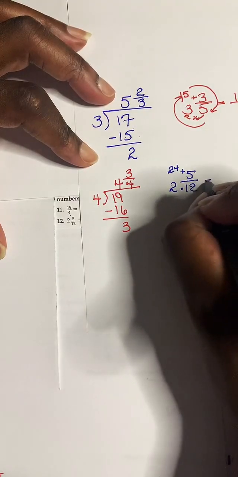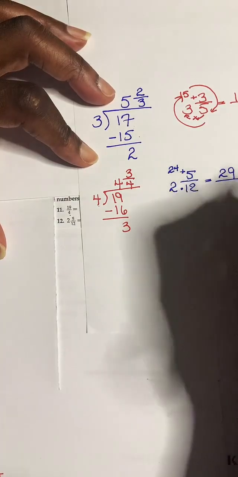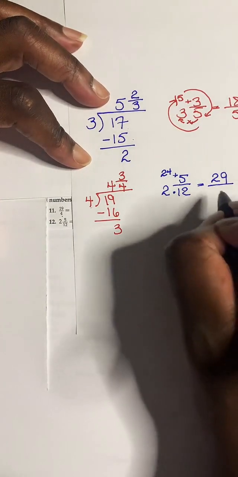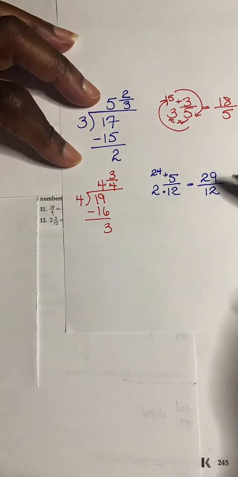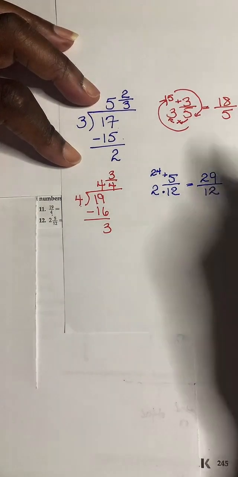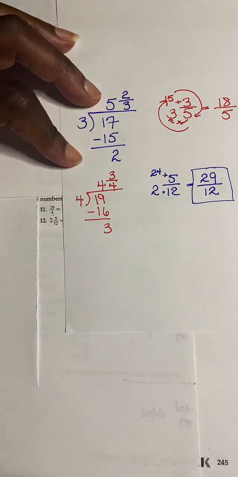So that will give us 29. And you put it over the original denominator, which is 12. So if you notice that 29 and 12, the only thing they have in common is 1. So this will be your improper fraction.